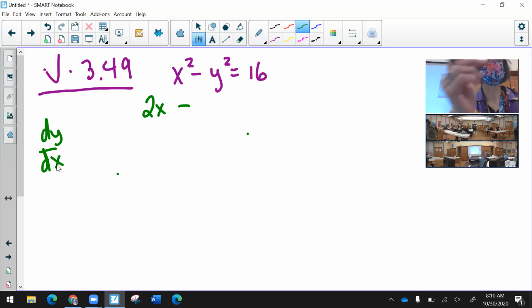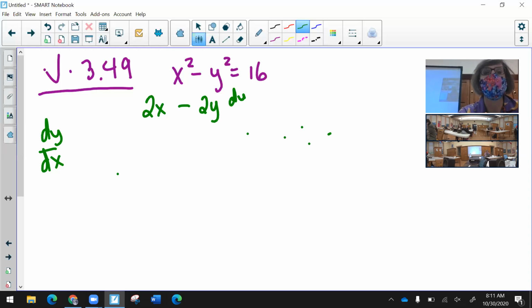So what I do is, because it's something squared, I bring down my 2, I take my something, I raise it to the 1 power. But because that something isn't an x, I have to apply the chain rule and take the derivative of what's inside. So what's the derivative of y? dy/dx. Okay, and that's kind of the why of why we do it.